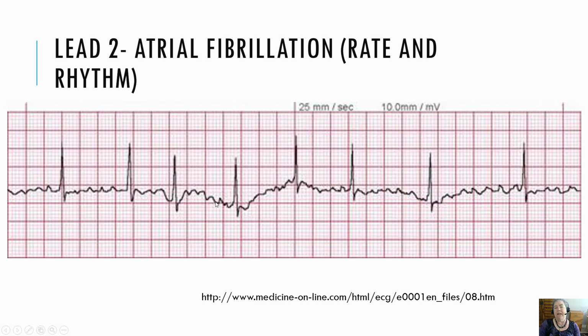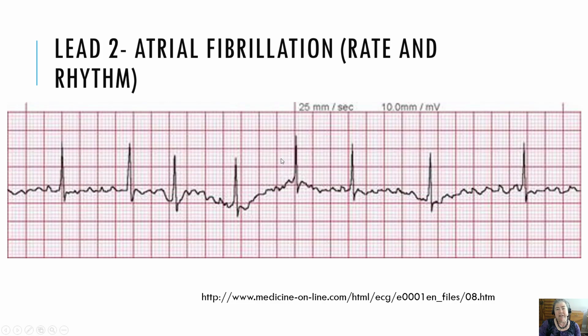The other thing that's interesting here is that between each 2 QRS complexes is a different amount of time. There's just nothing stable. Okay, here we have a little under 4, here we have 2.5 maybe, here we have a little more than 3, here we have a little less than 3, right?